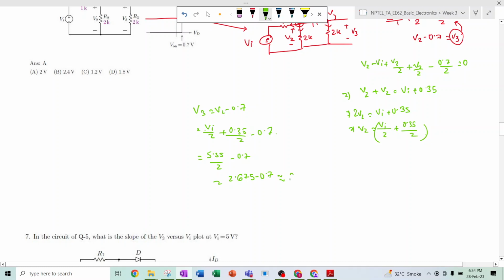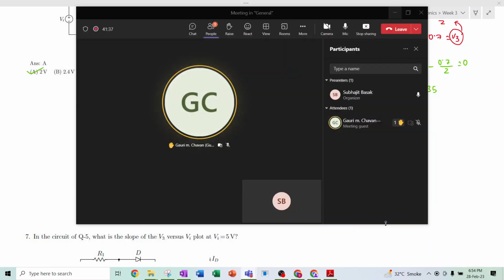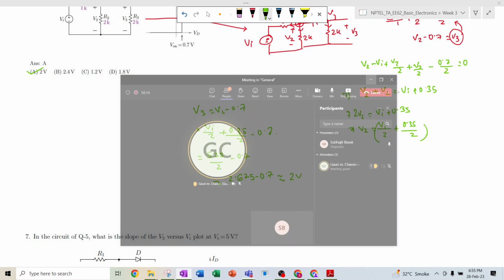So it is close to 2 volt, right? So the correct answer will be 2 volt. Okay, you understood this? Yeah, okay.